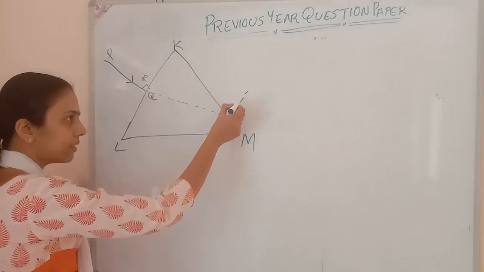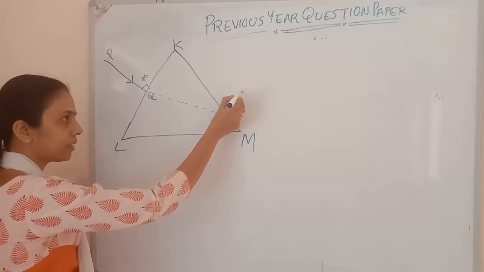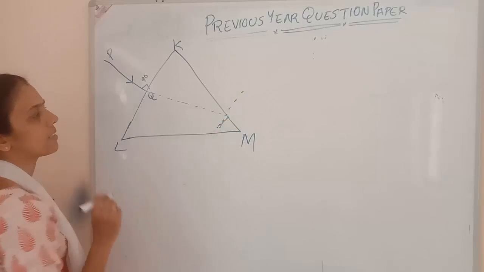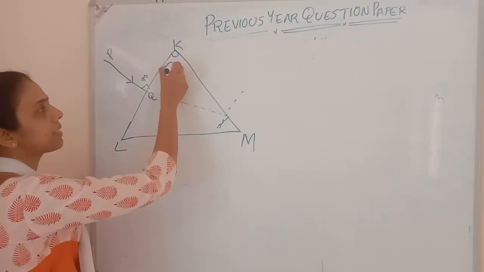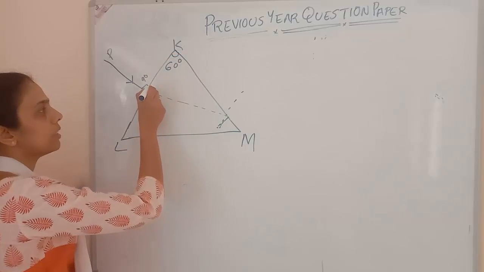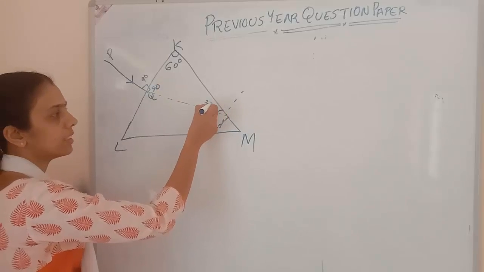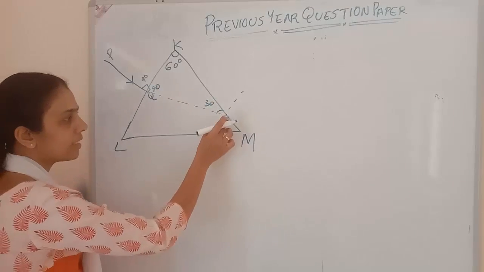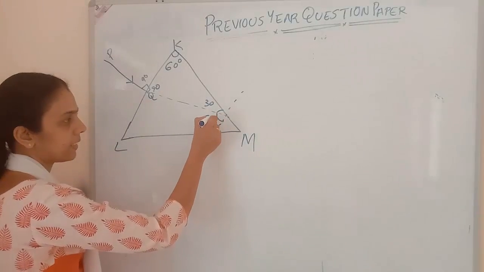Here this is the normal. So this is 90 degree, and it's given that this is 60 degree. So here 90 minus 60, what is this? 30 degree. This is the normal which we are getting. So the rest of the things are 60 degree.